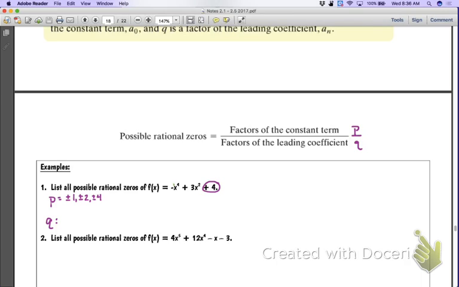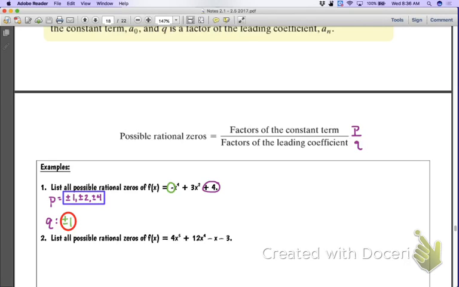In this case, with a -1 as the leading coefficient, the only options are plus or minus 1. You're always going to have a plus or minus 1 in your Q list, or your lead coefficient list. That is a given. As far as my possible zeros, I would basically just take the list that I have, because every one is divisible by 1.